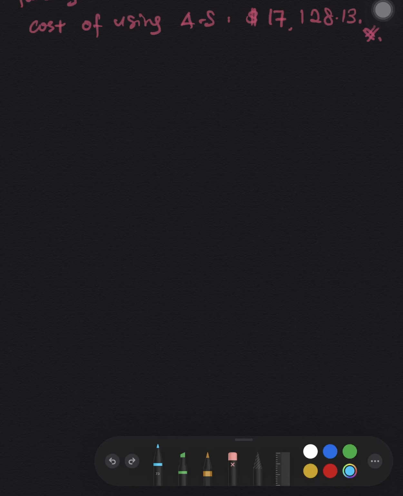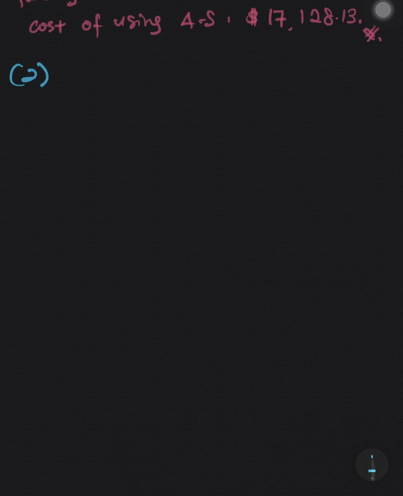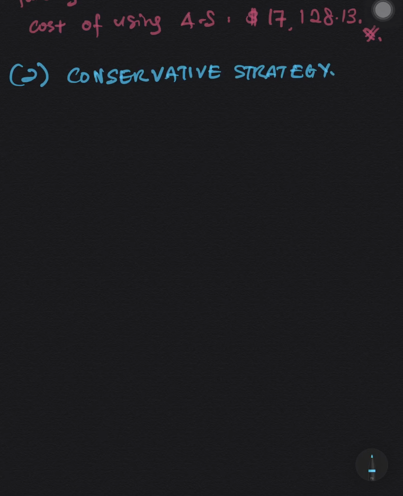So the second strategy is conservative. How does the conservative strategy work? In the conservative strategy, there will be excess balance to invest.